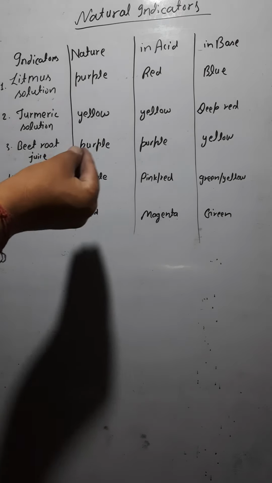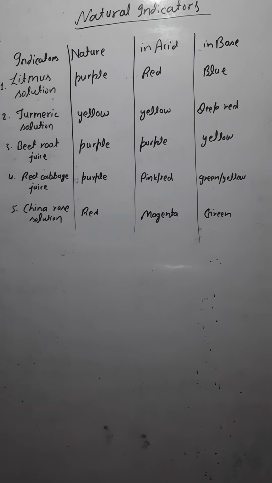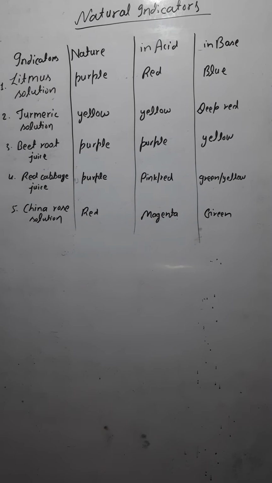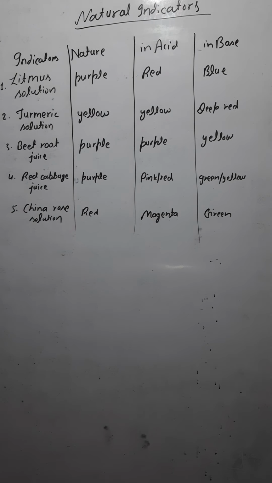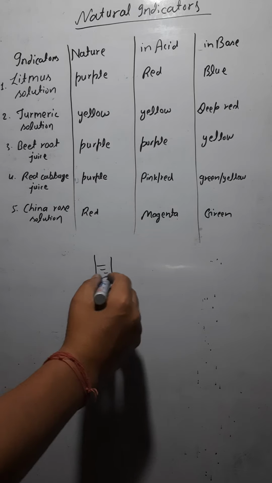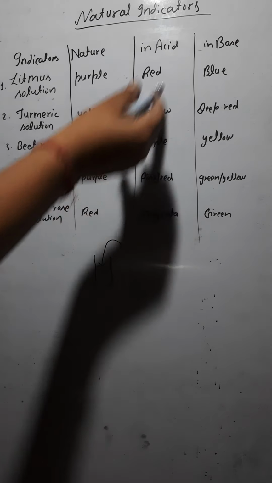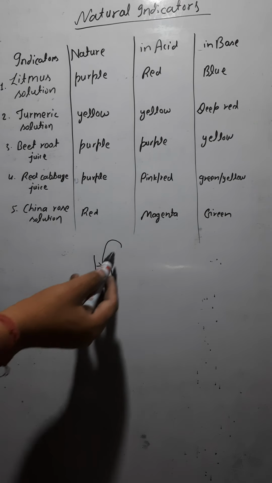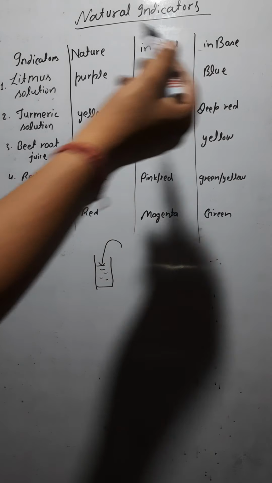Suppose the natural color of litmus solution is purple. Let's say you have litmus solution in this test tube, which is purple in color. Now you put some acid there, so this solution would turn red. Then if you put some base there, the solution would turn blue.